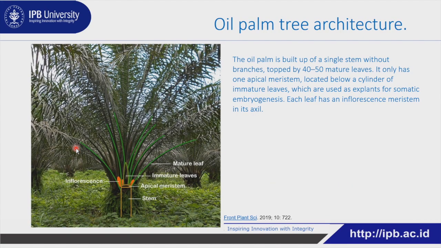But we face the problem that the oil palm tree architecture is naturally built up from a single stem without branches. It means there are not many apical meristems, and it only has one apical meristem, located below a cylinder of immature leaves, and from that we can already think that it's not that easy to do vegetative propagation here.